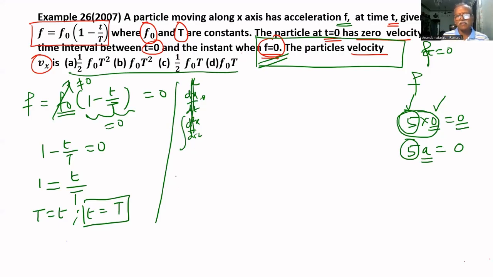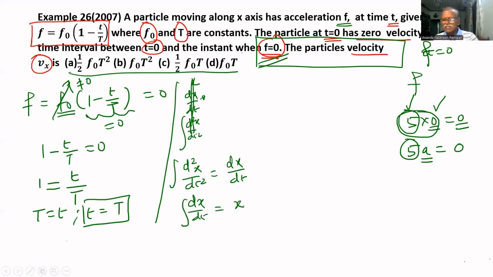If you integrate d²x/dt², you will get dx/dt. If you integrate dx/dt, you will get x. So integration is opposite to differentiation.